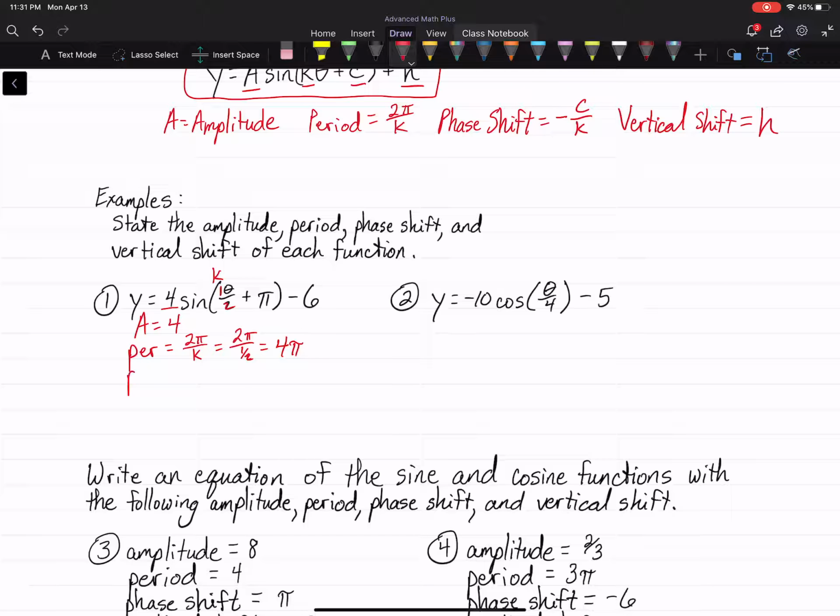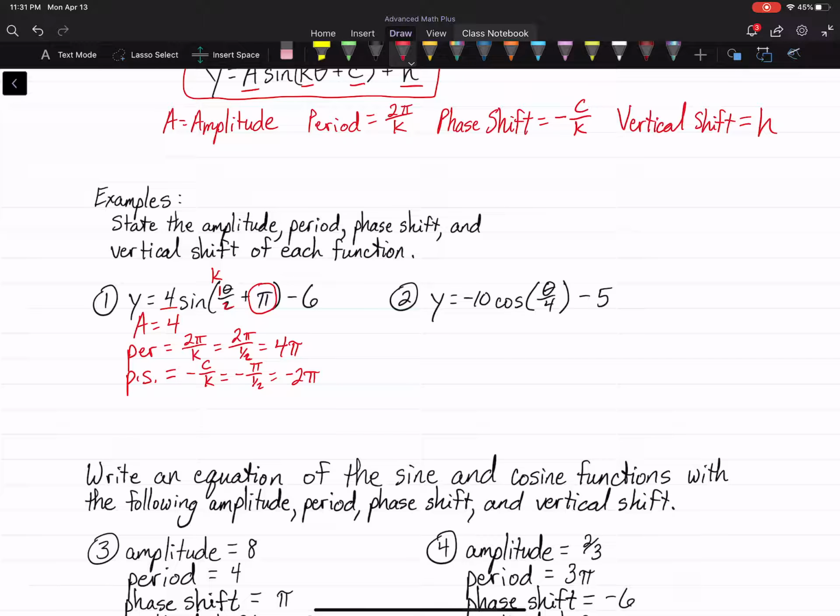Your phase shift will equal negative c over k. So negative c, here is c right here. It's my pi, so negative pi divided by the k, which again was 1/2. And you flip that fraction over to divide it, and you get negative 2 pi is your phase shift. So that means it moved left 2 pi radians.